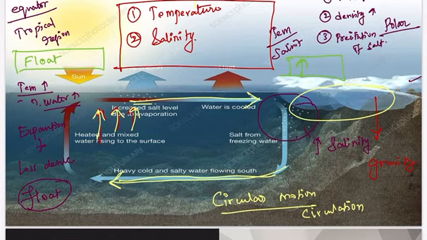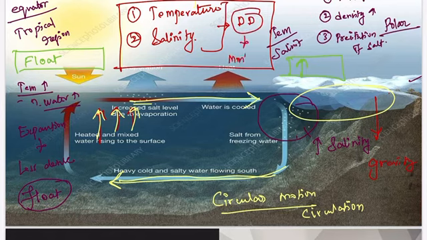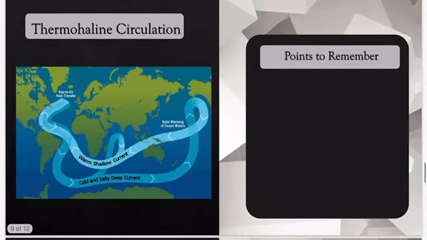These are the two parameters which induce density difference within the ocean water, that induces the movement of water, right? So this is what we call thermohaline circulation. So that's why we have the name. Thermo means temperature, haline means salinity, right? So this is the idea behind the thermohaline circulation.